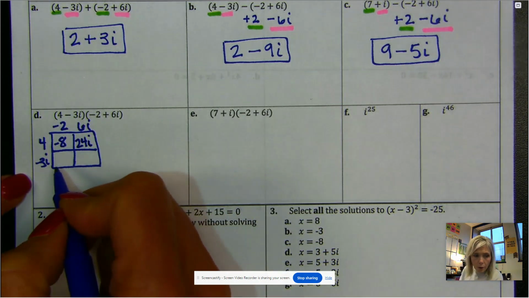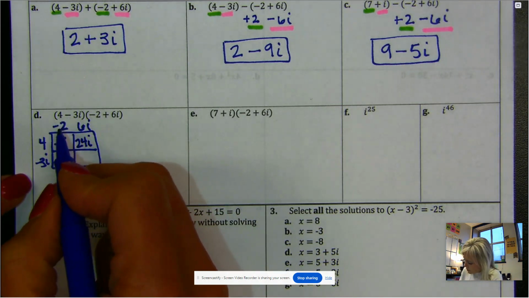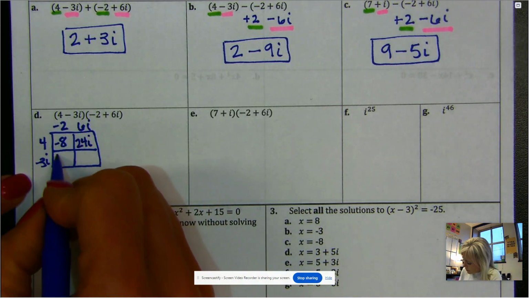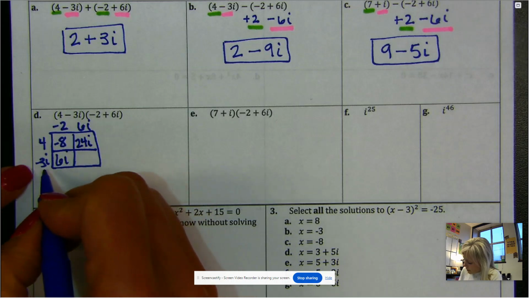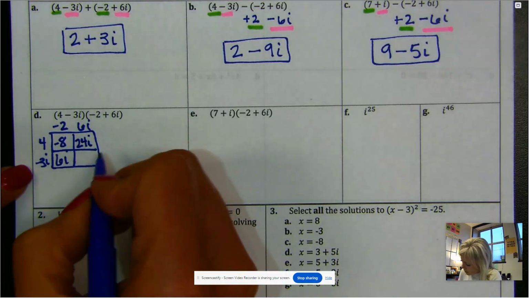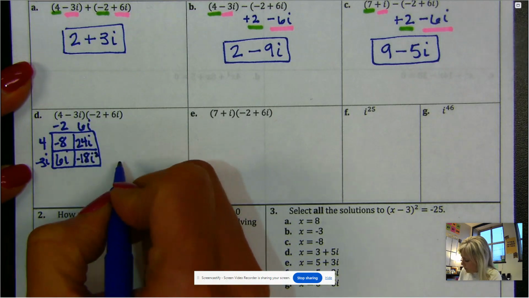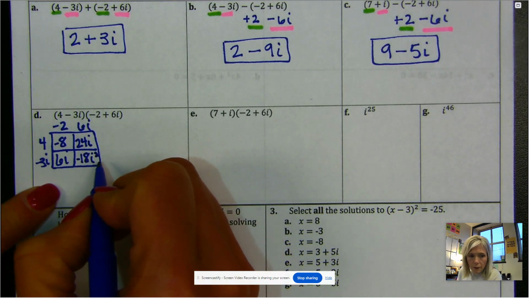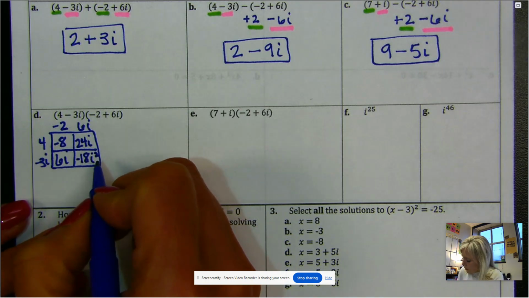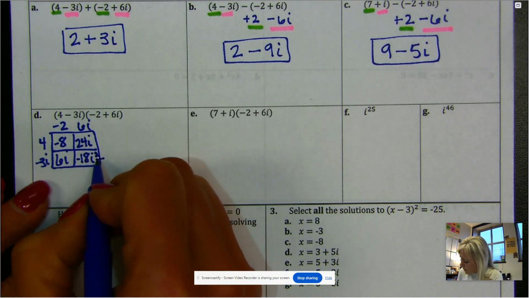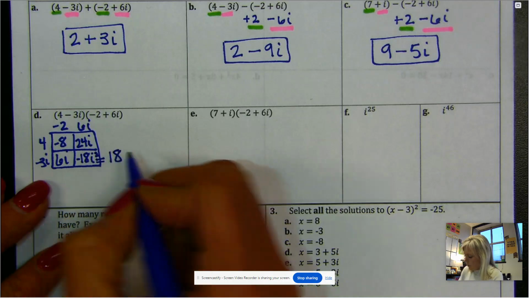And on the bottom row, negative 3i times negative 2 is 6i. And negative 3i times 6i is negative 18i squared. And then i squared is equal to negative 1. So that becomes positive 18.